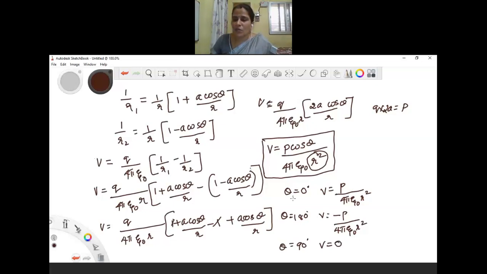When theta is equal to 0, then potential becomes V is equal to P divided by 4 pi epsilon naught R square. These two are on the axis, and this is on the equatorial point. So the potential becomes positive when theta is equal to 0, negative when theta is equal to 180 degree, and 0 when theta is equal to 90 degree. Let us see the conclusion now.